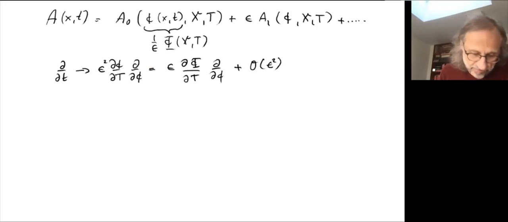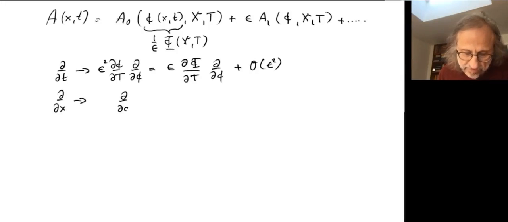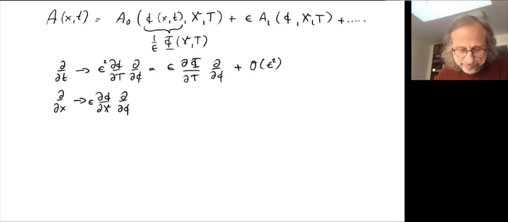Then the same thing happens in terms of space. The derivative with respect to the space becomes a derivative with respect to the phase, and then the phase with respect to slow x, plus epsilon times d by dx.